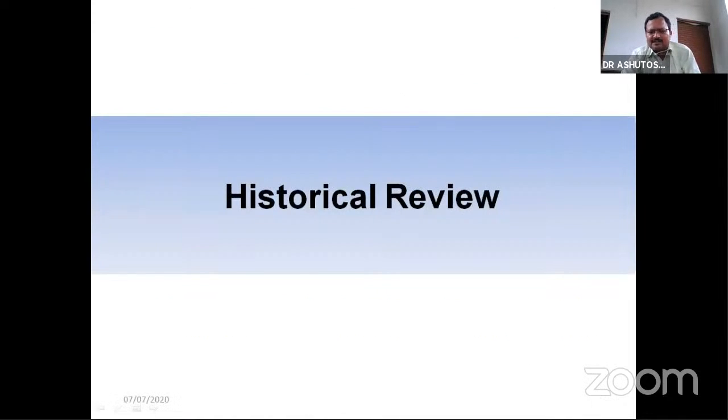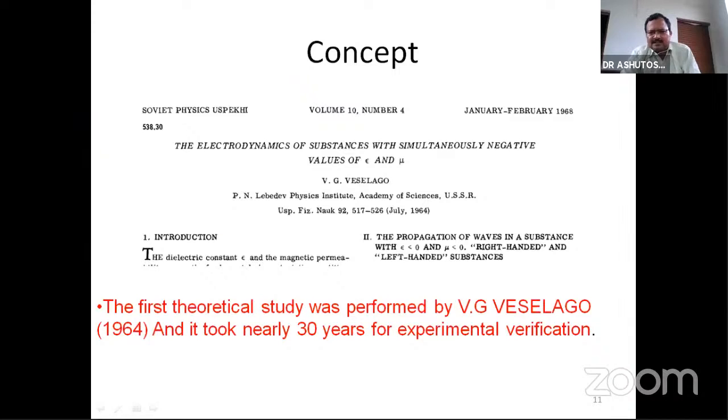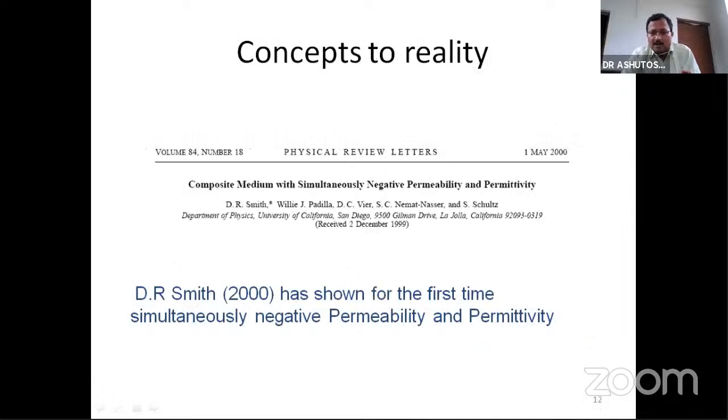So historically, I wanted to tell when it started. In 1964, Veselago gave a publication, and he said that there can be a possibility of simultaneous negative values of epsilon and mu. And after 30 years of this prediction, Dr. D.R. Smith, in the year 2000, showed for the first time that negative permittivity and permeability are possible.